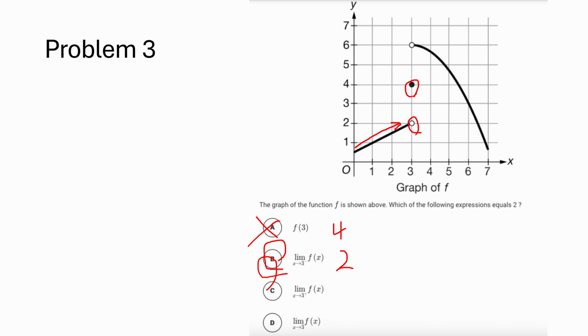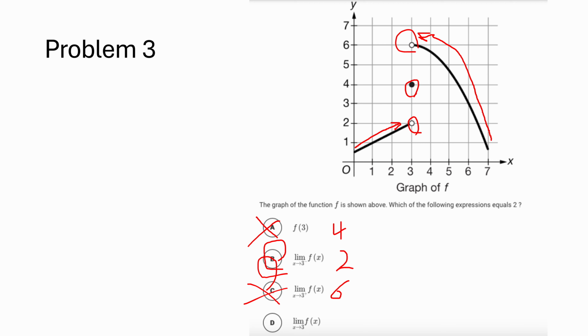Let's look at C and D. C, limit as x goes to 3 plus of f of x. It means that we are asked to find the limit as x approaches 3 from a value greater than 3. So like this. And we can see that it reaches a value of 6, not 4. So these are out.